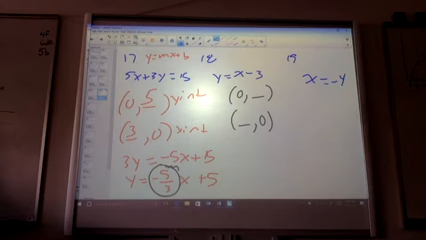Negative 3. Alright, this is a y value, agreed? So that means 0 equals x minus 3. So what does x have to equal? How do I solve this for x? 3. Yeah, add 3 to both sides.